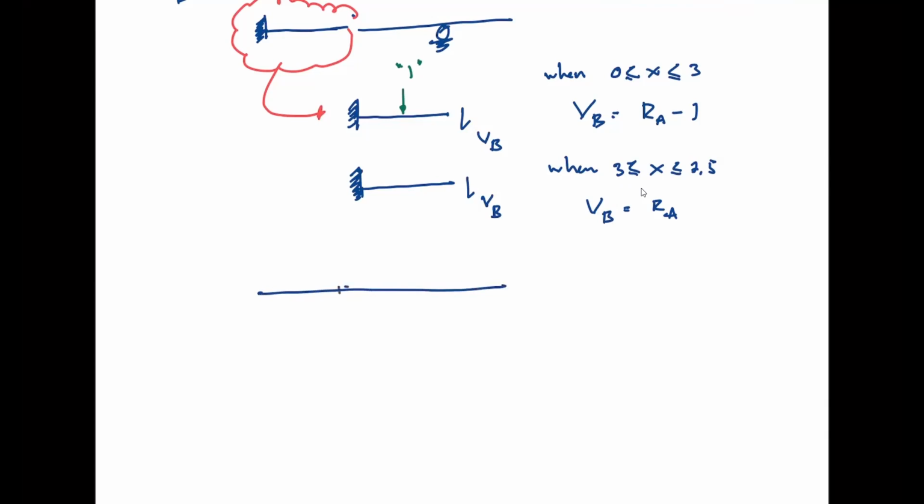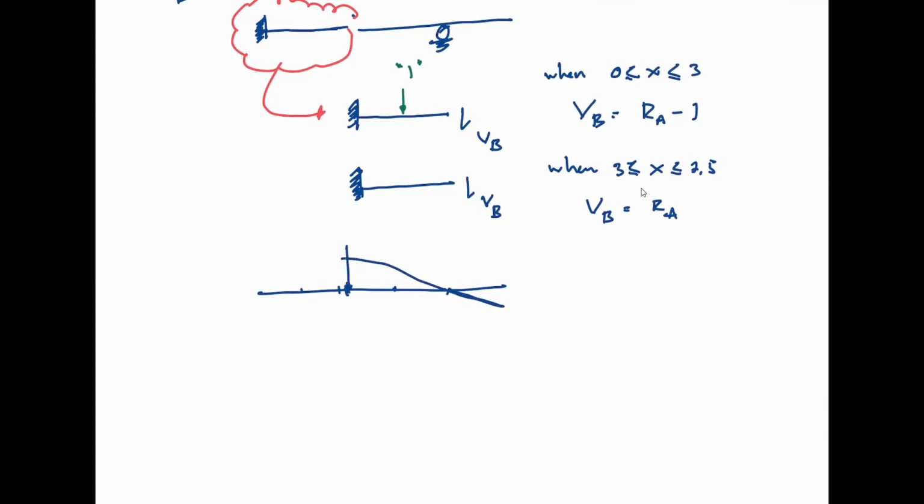The 1, 2, 3. The second part is basically the opposite of RA, right? You flip that. That's RA.